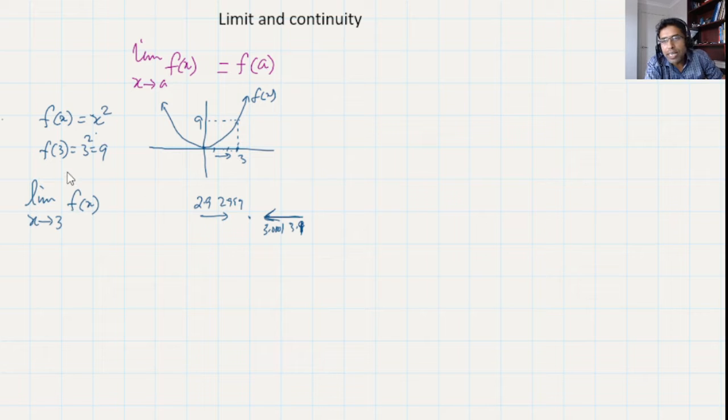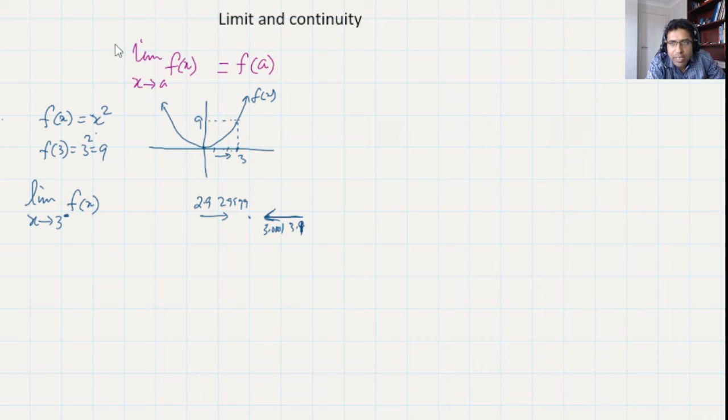So when I say x approaches 3, why not specify the left side? If it is a little bit less than 3, I can write 3 minus. 3 minus means a little bit less than 3; we are approaching from the left side. So we are going from 2.9, then 2.9999, even with four 9s. If you put it in the calculator, f(2.99999) is very close to 9.